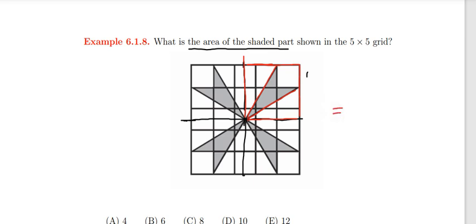This is a 2.5 by 2.5 square, minus the area of this triangle. We have two of them, so it is half of 2.5 multiplied by 1.5, and we also need to subtract this square.